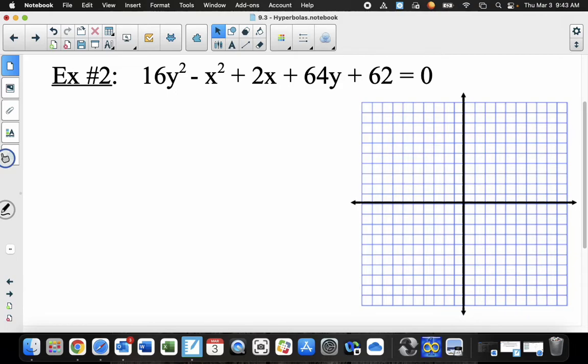We'll give you a heads up. You've got to have a positive x squared when you complete the square. The x squared needs to be positive in order to complete the square.